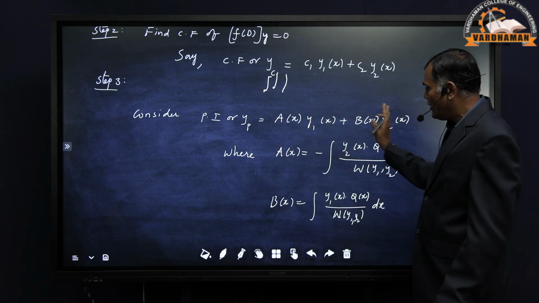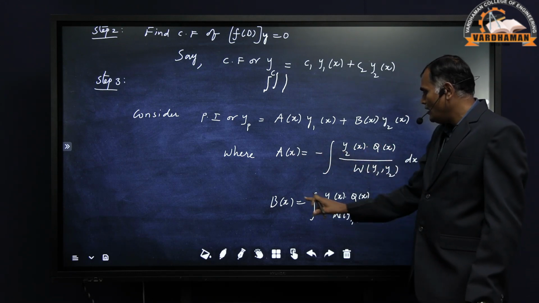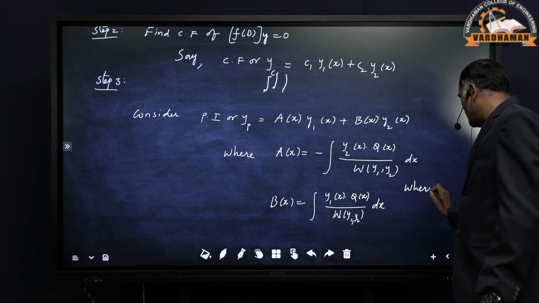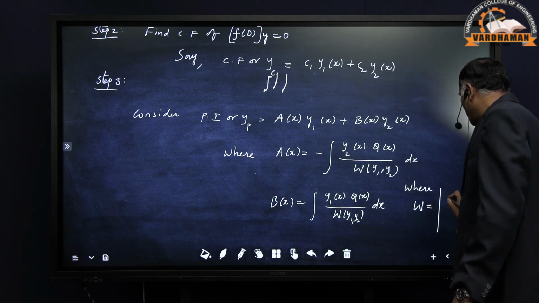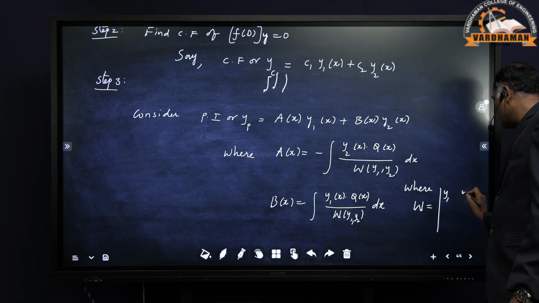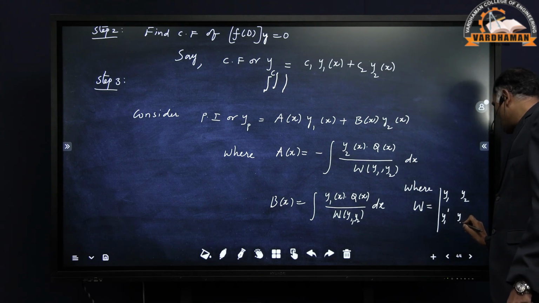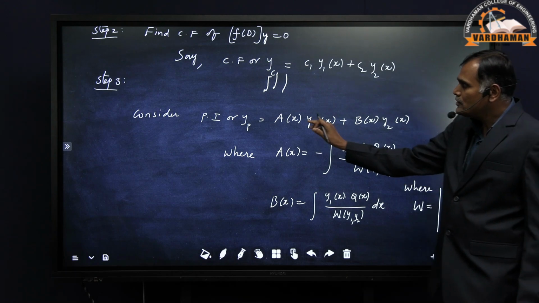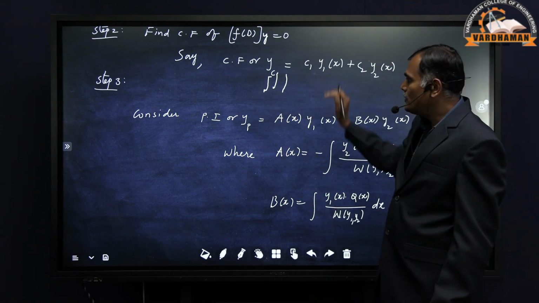These are the formulas to find a and b. What is W? W is called the Wronskian, given by the determinant of y1, y2, y1 dash, y2 dash. Finding this determinant gives W. This is the way to find a and b, and this gives the particular integral by this method.